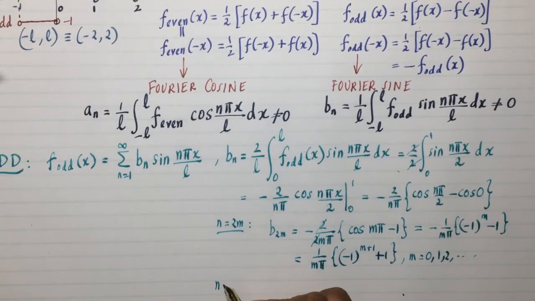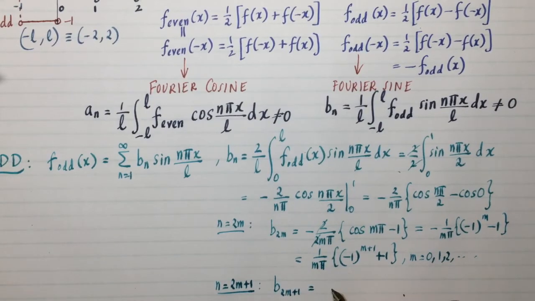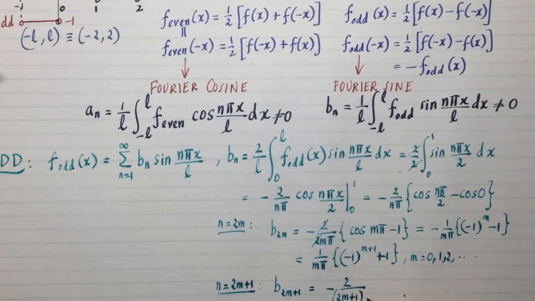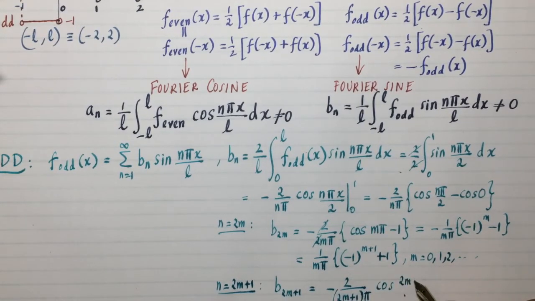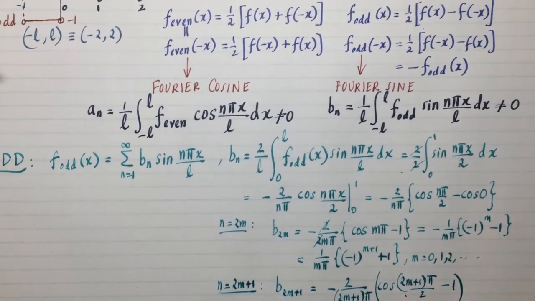Let's try the odd case. If n is odd, then b2m plus 1 is going to be negative 2 over 2m plus 1 times pi cosine of 2m plus 1 pi over 2 minus cosine of 0, which is 1.